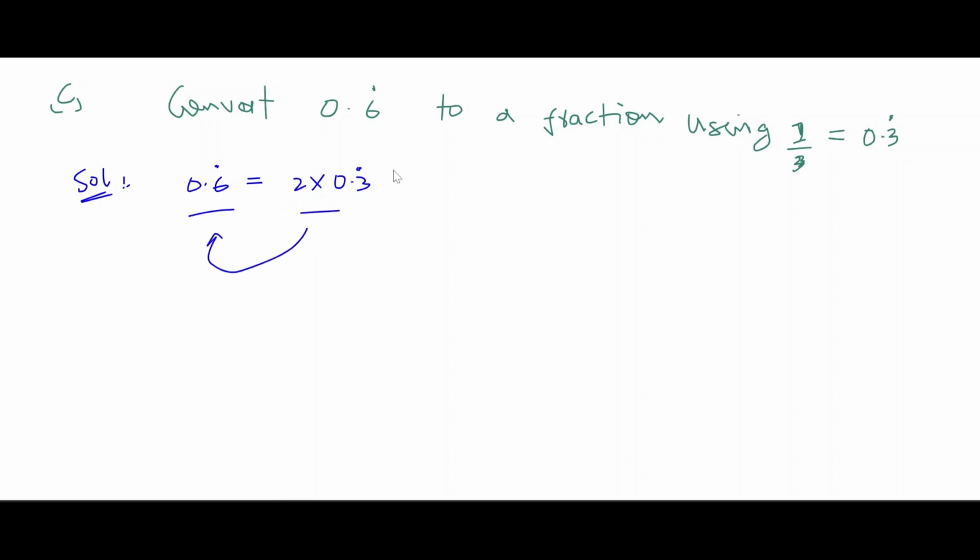So we can split it like this. We want the fraction, so we convert 0.6 recurring to a fraction by using this. We can replace 0.3 recurring with 1/3, so in the end you will get 2/3. Simple.